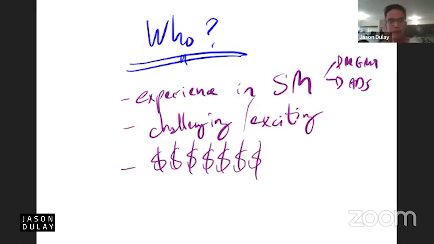If you're good at this, and if you have previous experience, if you like the challenges, and you're good at this role, you can really make a lot of money. It's very easy for you to make 100,000 pesos, or even a lot more. You can go to 200, 300,000 pesos every month if you can properly implement social media strategies. It's that big. But if you're starting out, once again, you might want to start out just managing social media or going into social media marketing and doing ads first.